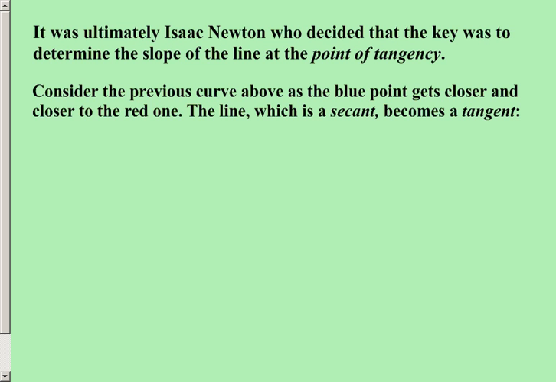So considering the previous curve, Newton said, okay, what we want is for the red point and the blue point to coexist. So basically, I want the blue point to begin sliding along the curve and continue to approach the red point, almost similar to the definition of a limit.